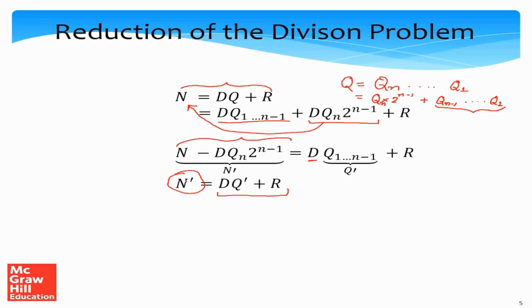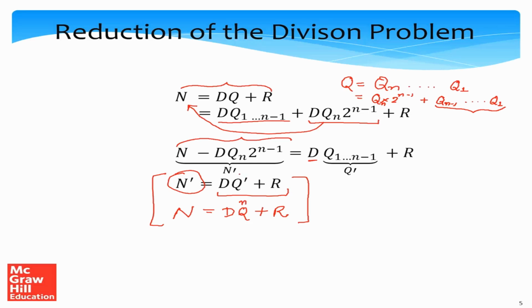So this equation looks very, very similar to the original equation. There is no difference at all in the structure, but there is a little bit of difference in the terms. The remainder is the same, mind you, and the divisor is the same, but the quotient in this case is the same quotient, only the first n minus 1 bits, whereas the earlier one is the n-bit quotient.